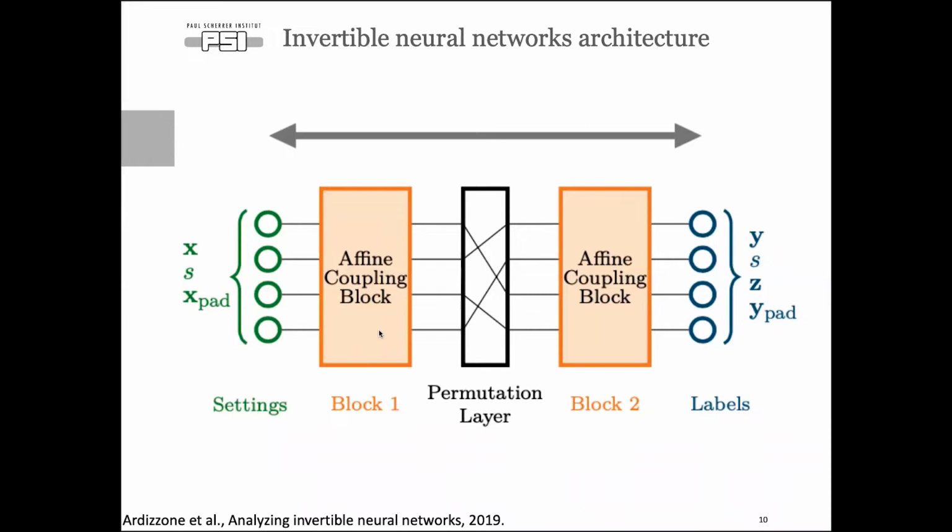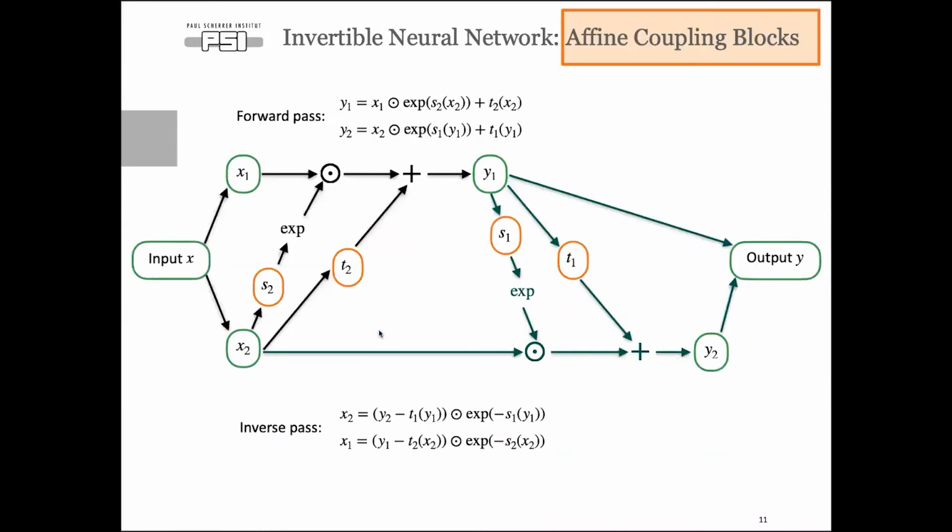Those affine coupling blocks are constructed as follows. We have our input, the X, the machine parameters. They are divided into two halves, X1 and X2. And then via a combination of multiplication, addition, exponential functions, and those functions S and T, they are combined to get back the output, so our beam properties.